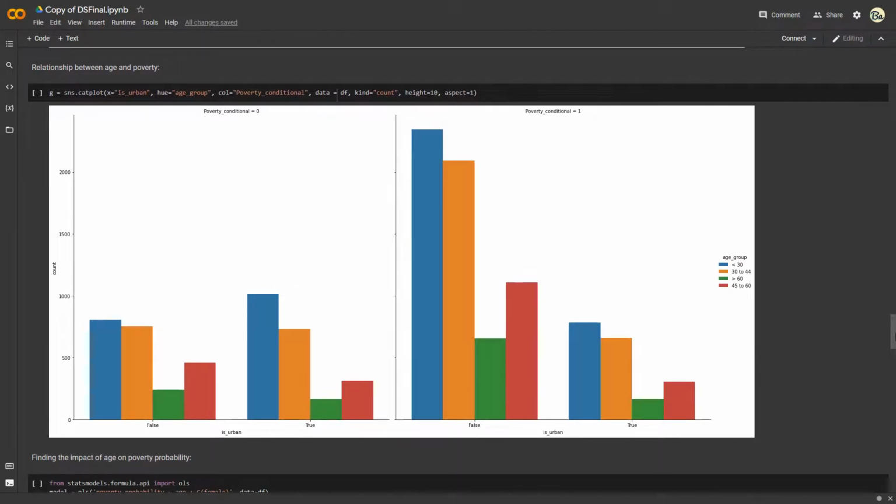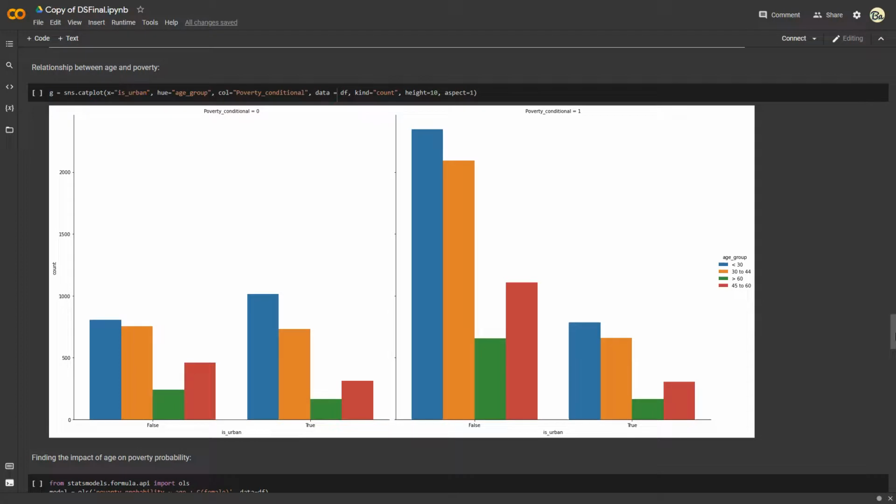Now we determine the relationship between age and poverty. As you can see, the group of 30 years and less than 30 years is a mixed bag, and most of the unemployed people are in that sector only.